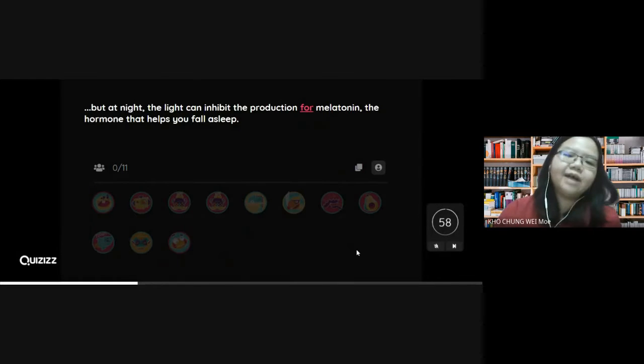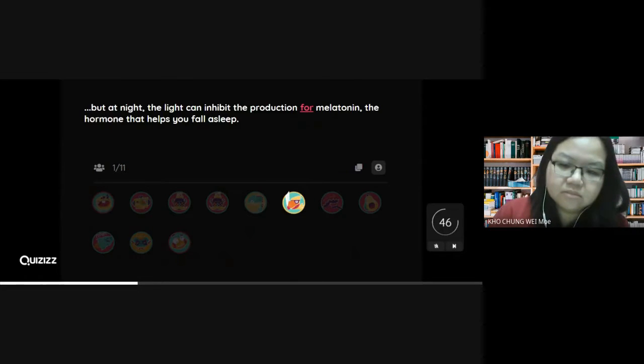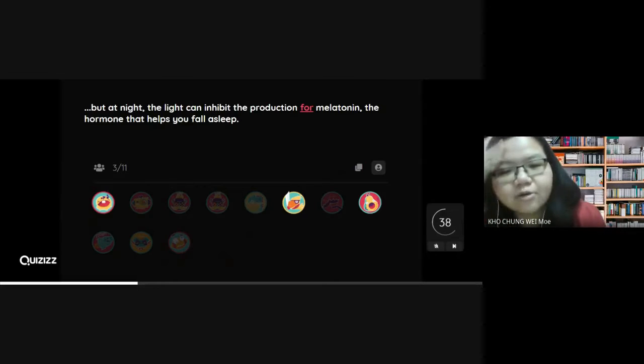But at night, the light can inhibit the production for melatonin, the hormone that helps you fall asleep. The word is not for, that is the wrong preposition. So what preposition can you use? If you cannot correct the error immediately, try to think of another context. Production, blank something.